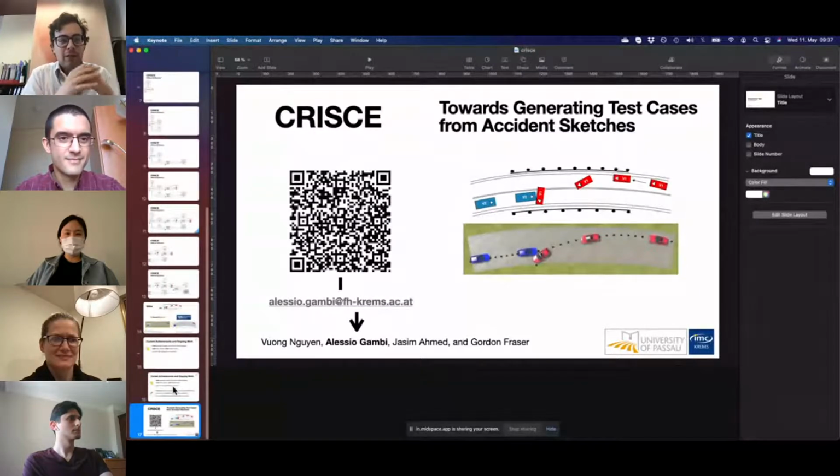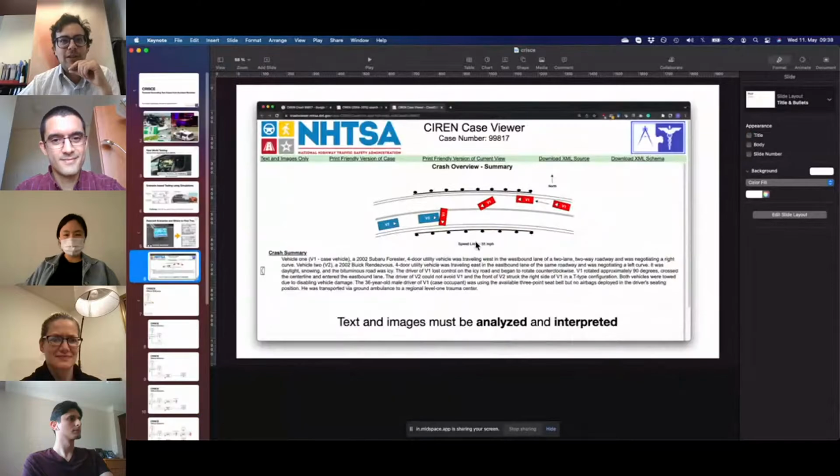What we are working on now is to also extract the speed limit. It's small, but if you look at this picture here, it says speed limit 55. So we are trying to extract additional information, and when the speed limit is fixed, we at least try to drive the cars at that speed.